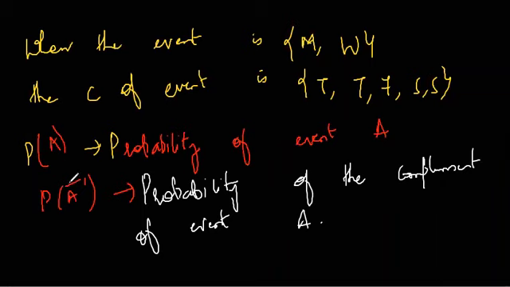And whenever you add both the event and its complement, the sum will be equal to 1. So it can also be written as P of A plus P of A bar is equal to 1. Okay. Now let's take an example.